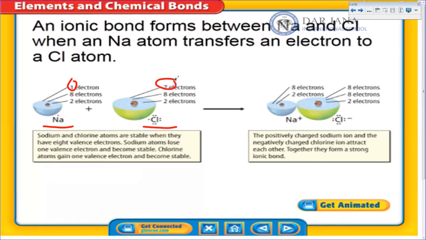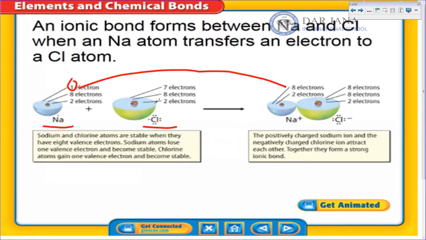Now, for Na to be stable, because it's a metal, it will lose its valence electron, and you can see here. Now, it has only 2 levels, and on its highest level, it has 8 electrons.